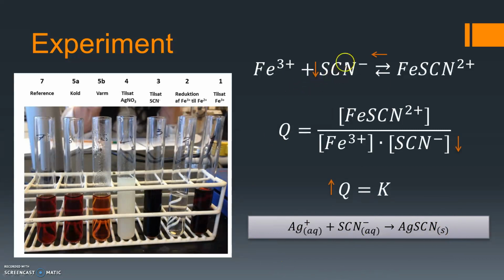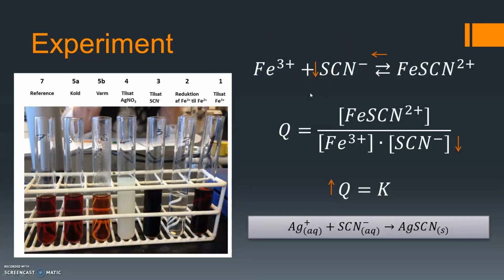And that meant that there was a decrease in thiocyanate ions and a decrease here in the denominator, which caused Q, or the equilibrium quotient, to increase compared to the equilibrium constant. And that resulted in the equilibrium shifting towards the left to create more of the products that were lost here.